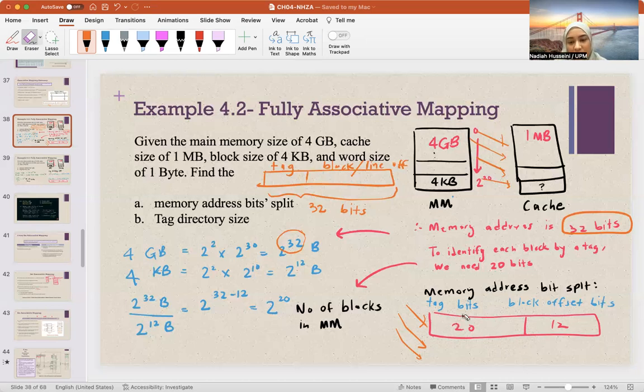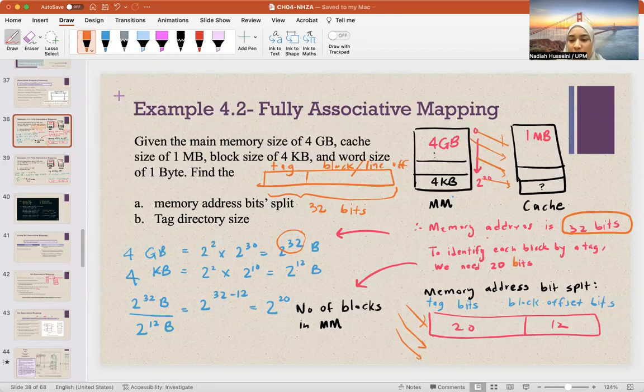For this one, everyone is identified by a street number, so you would need a lot of street numbers. Okay, never mind about that. So therefore, to identify each block by a tag, we need 20 bits.